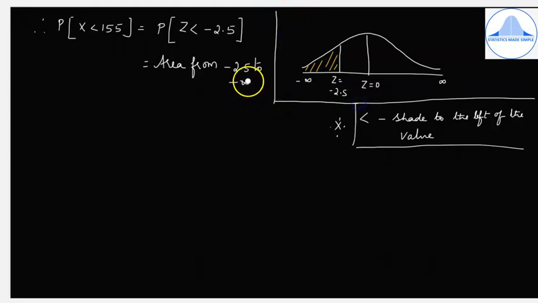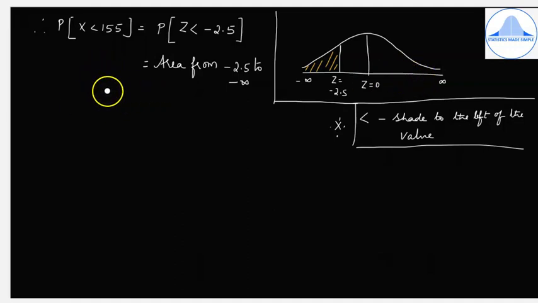From the statistical tables you can find out the value from only Z to infinity, but you cannot find out from a negative value to minus infinity. But because the normal distribution is symmetric, the area from minus 2.5 to minus infinity will be the same as the area from 2.5 to infinity.